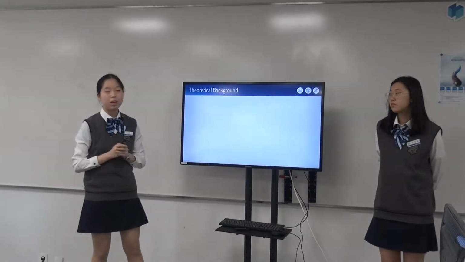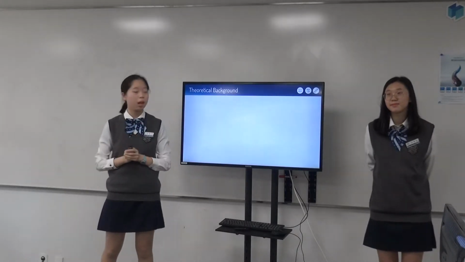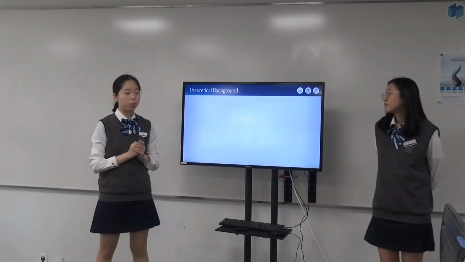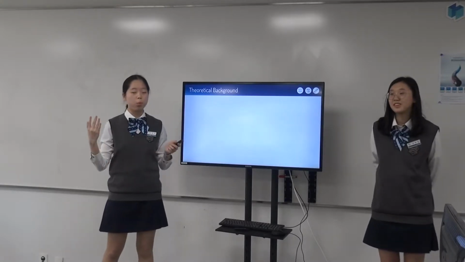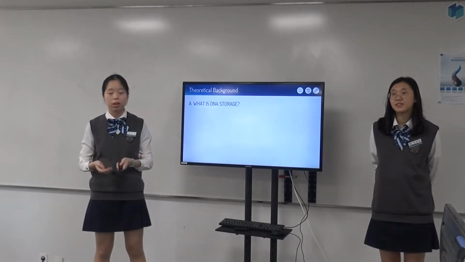So let's take a moment to see what exactly DNA storage is. In short, DNA storage is data which is stored in DNA. If I tell you just like this, you may wonder how this exactly works.